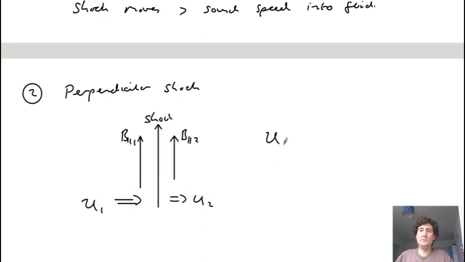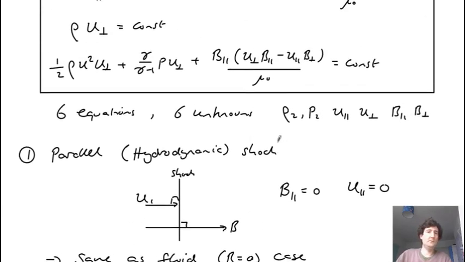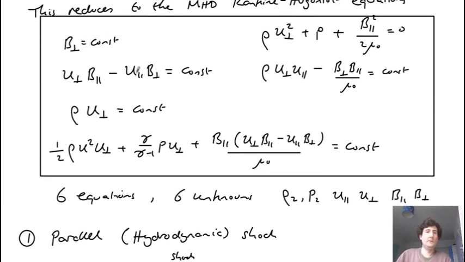So here we have that U parallel is equal to 0. I've set that B perpendicular equals 0. So one fairly straightforward result is if we look at this term over here. If B perpendicular is 0, this term disappears, and all we're left with is this term here. So U perpendicular times B parallel must be constant.